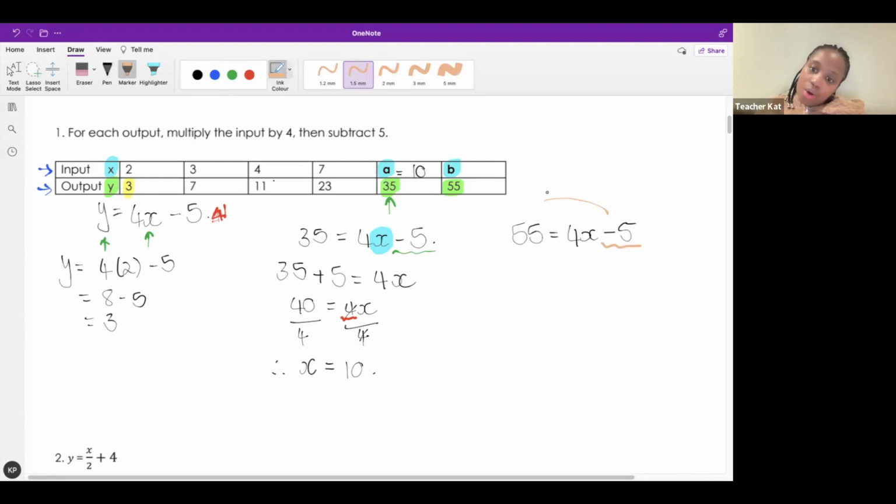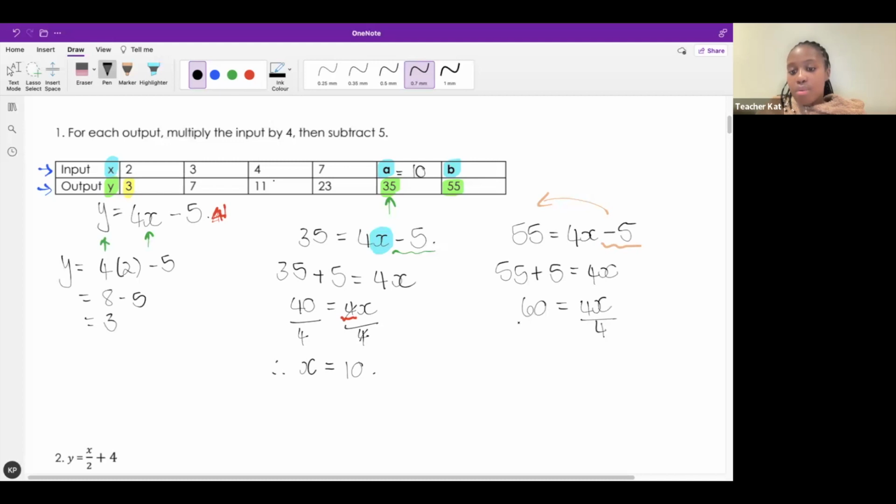And I'm going to bring it over the equal sign to the other side. Once you do that, it becomes positive. If it was negative, which it was in this case, it becomes positive. So it's 55 plus 5 equals 4x. 55 plus 5 is 60 equals 4x.